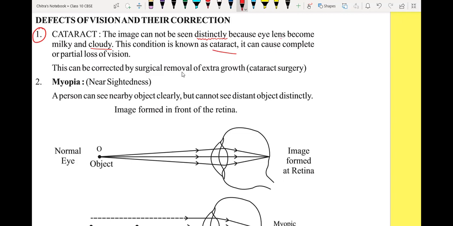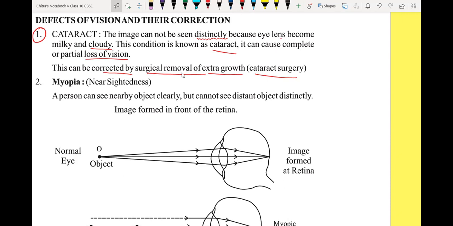There is a web-like structure formed over the corneal part. It can cause complete or partial loss of vision. If it is not treated properly and on time, the person can lose complete vision also. This can be corrected by surgical removal of the extra growth, which is called cataract surgery.